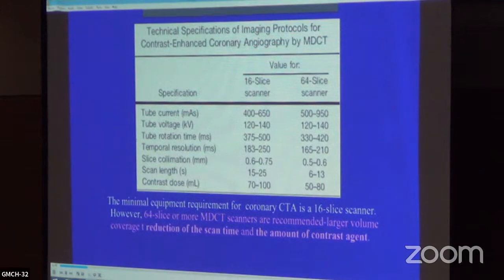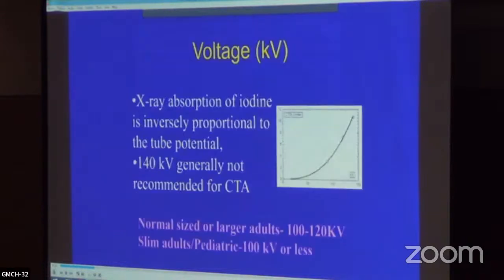As far as the equipment is concerned, the minimal equipment required is a 16-slice scanner with ECG gating capability. However, that would require a lot of heart rate control. So you need a 64-slice or more MDCT scanner for larger volume coverage and to get the best images with the least amount of contrast agent.